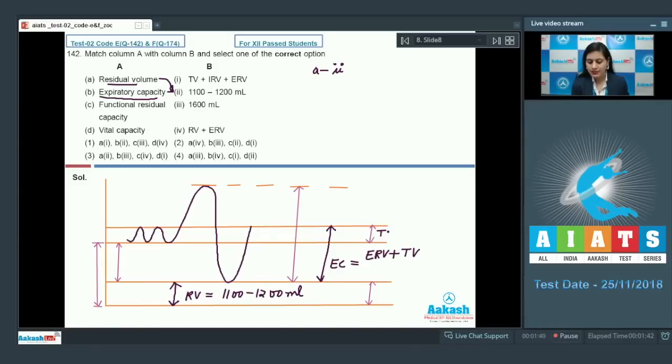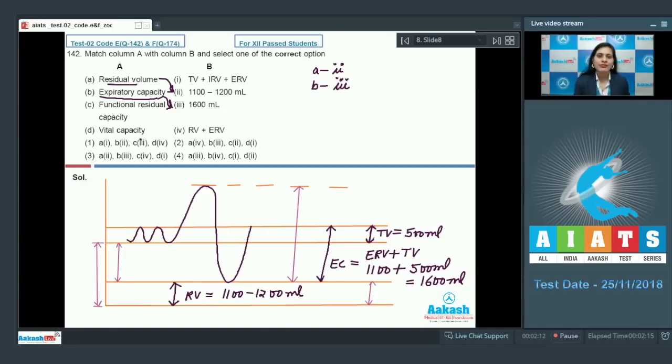This is tidal volume from here to here, which is 500 ml, and expiratory reserve volume is 1100 ml. So this will be equivalent to 1600 ml. So option 2, expiratory capacity in column A, goes with the third option in column B.